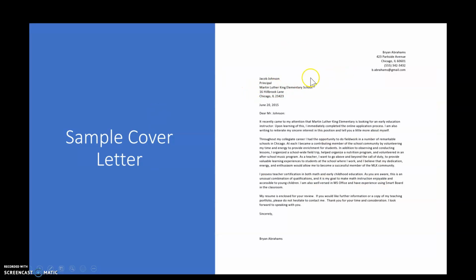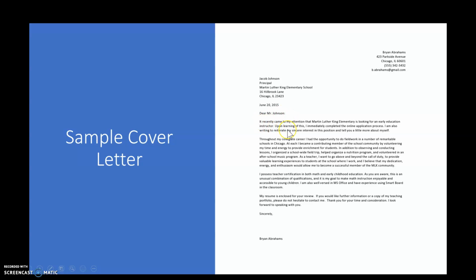So here's a sample cover letter. Okay, here's someone where they did do both sides. So Brian Abrahams is the person applying. This is that person's contact information. They're applying to Martin Luther King Elementary School, where Jacob Johnson is the principal, and here's his contact information. There's the date, June 20th, 2015. Your salutation, dear Mr. Johnson.